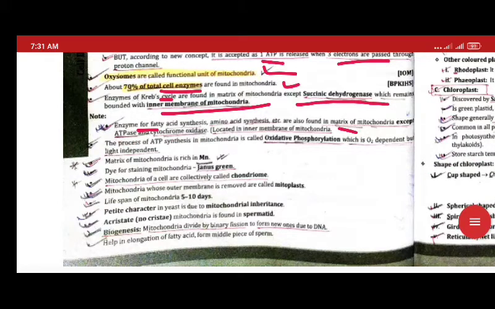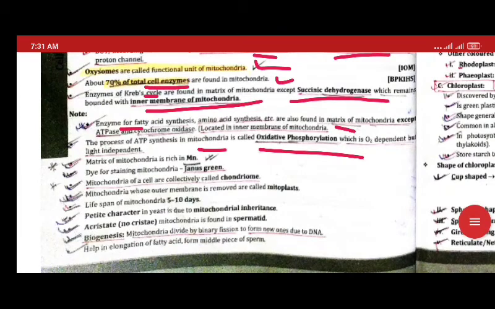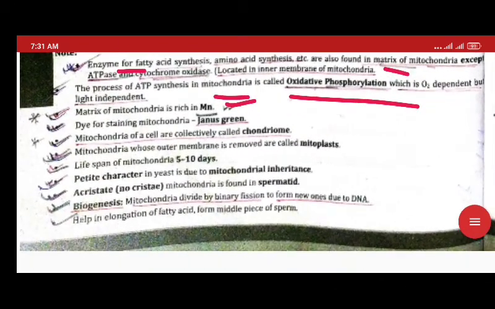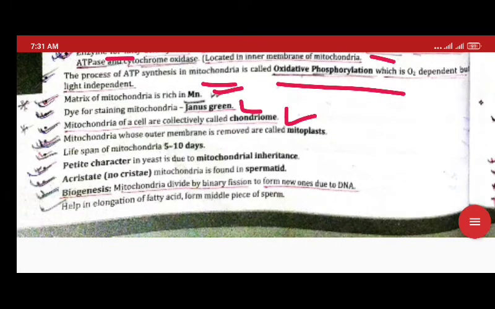Now ATP production or synthesis in the mitochondria is called oxidative phosphorylation, and the matrix of mitochondria contains manganese. The dye for mitochondria staining is Janus green. Also mitochondria in a cell are called chondriosomes. So mitochondria have different names: chondriosome, ATP mill. If the mitochondrial outer membrane is removed, it is called a mitoplast.